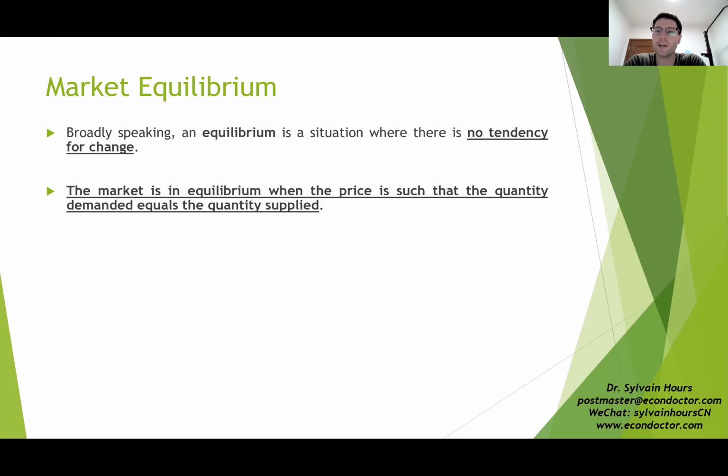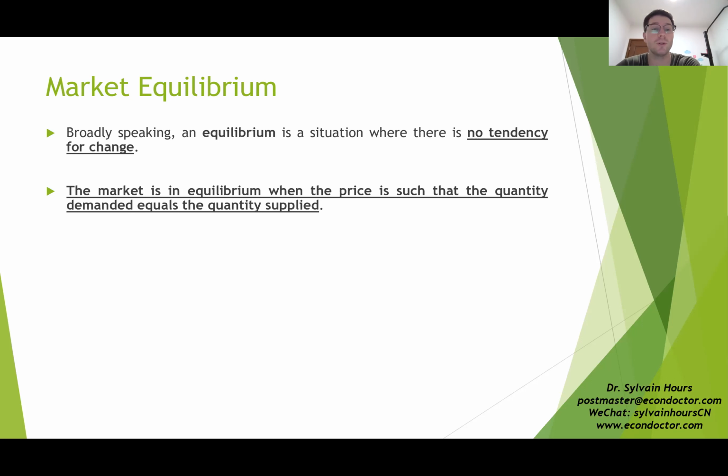It's a situation that was preceded by some kind of change, and eventually the change disappears, and we reach some kind of static state that we sometimes call an equilibrium state. So if I drop my pen, it will eventually stop moving. We can say that at one time all forces have basically compensated each other, and my pen will stop moving. We can say that we have reached some kind of equilibrium.